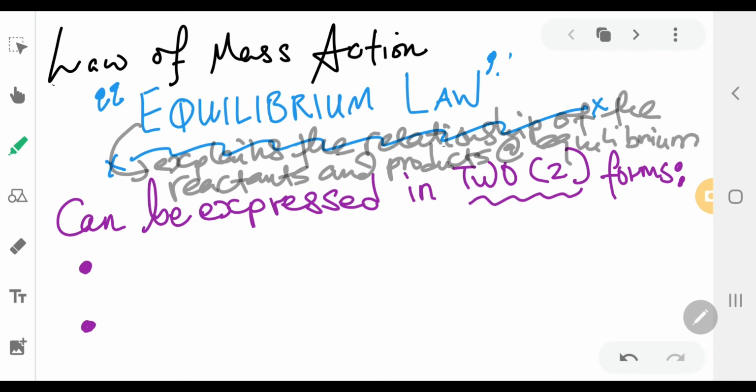Okay, so basically the equilibrium law explains the relationship of the reactants and products at the equilibrium.